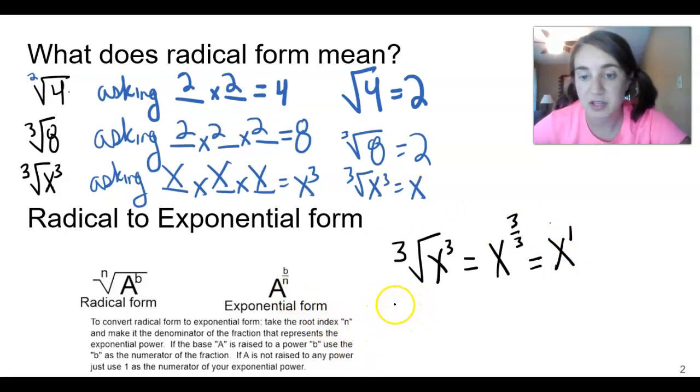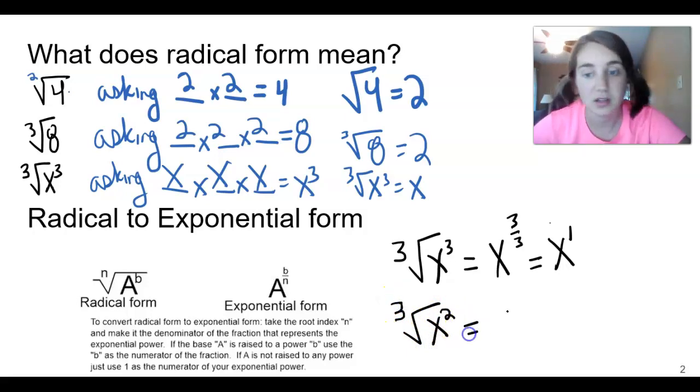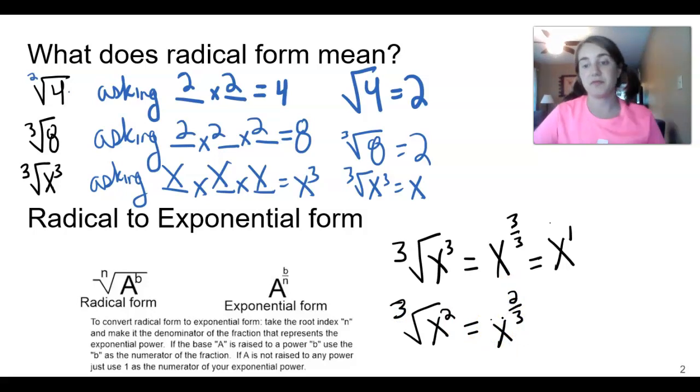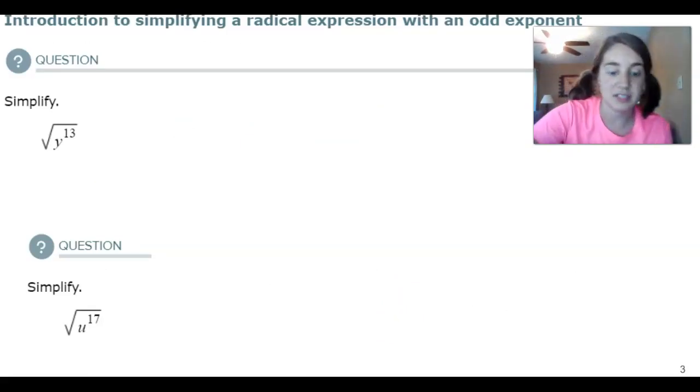If we got something like the cube root of x squared, we could write it like this. That doesn't simplify any further. We'll learn how to deal with those later, but that's what exponential form is writing for us. So we're going to go ahead and move to our first example.